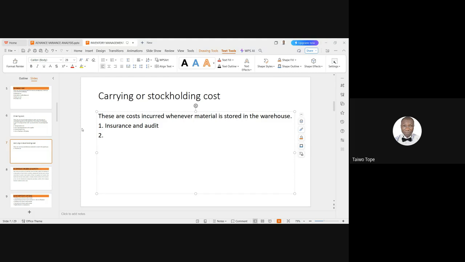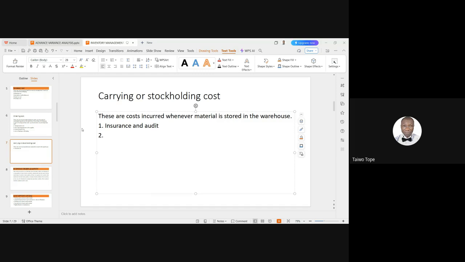So the costs of maintaining those goods in the warehouse, you always see warehouse damage. Warehouse damage is a cost on the organization. If we are not keeping those goods in the warehouse, we incur warehouse damage. Sometimes you even get issues like transit damage.